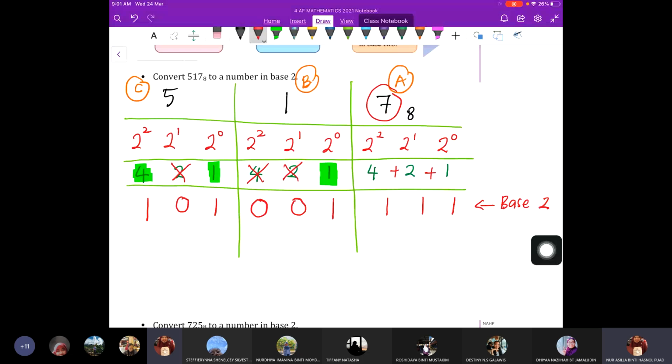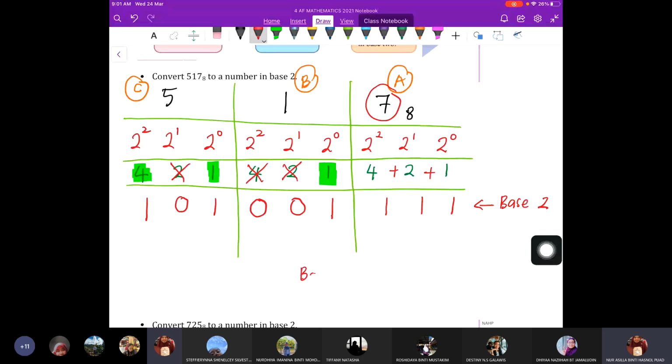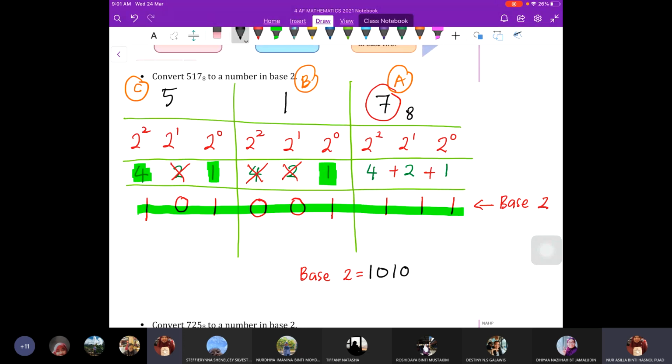Jadi finally jawapan akhir kita base 2 adalah ni lah, semua benda ni. Bawah ni. Which is 1, 0, 1, 0, 0, 1, 1, 1, 1 base 2.